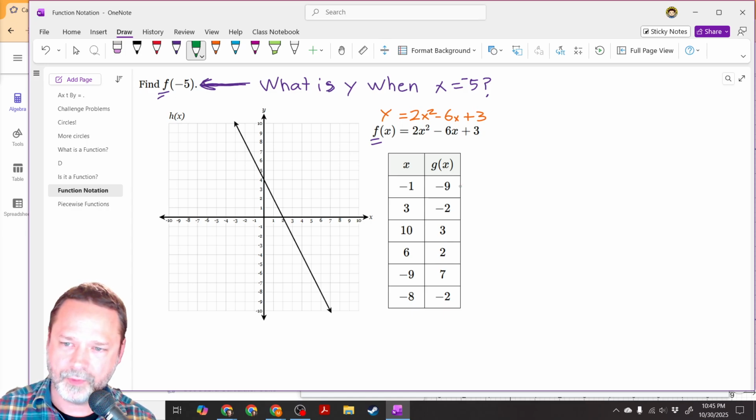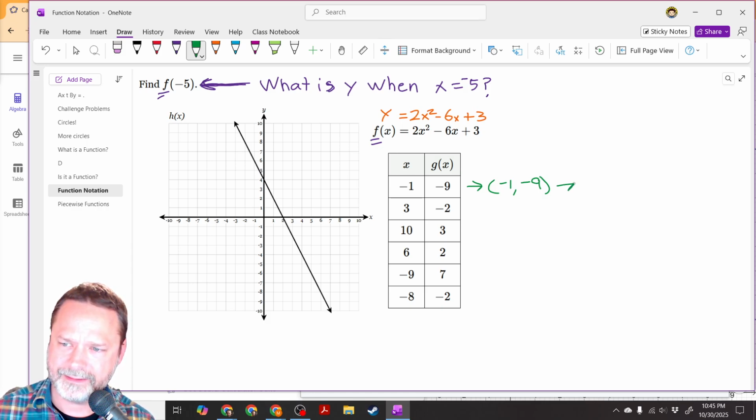And so a couple more examples here. Say for g of x, I got this function here, g, and I got negative 1 comma negative 9. We got a table here, negative 1 comma negative 9. That's a point on the graph of this function.